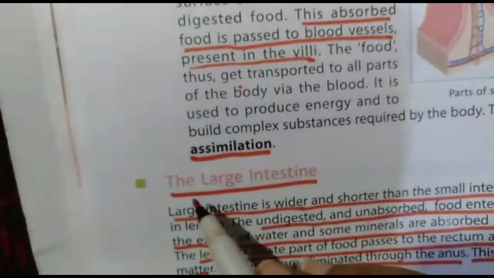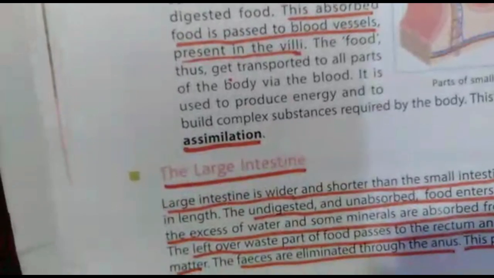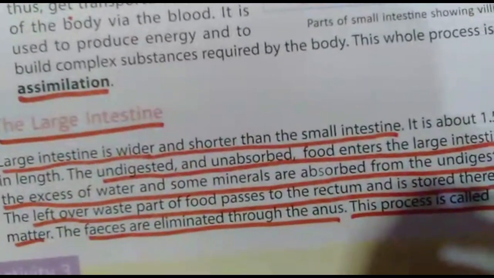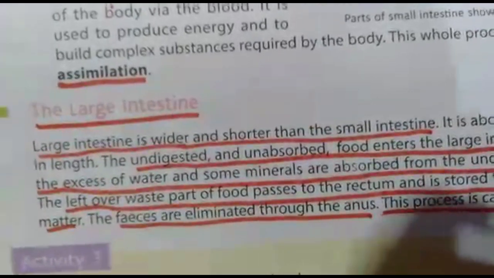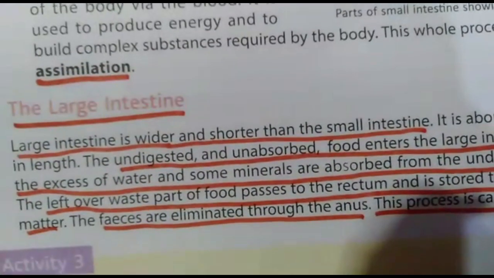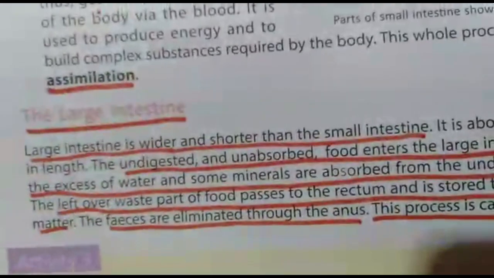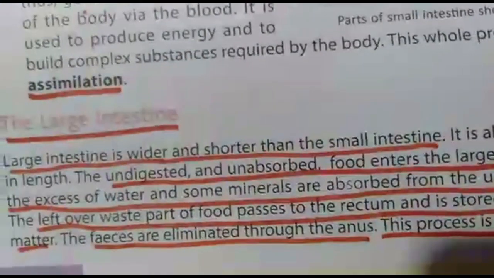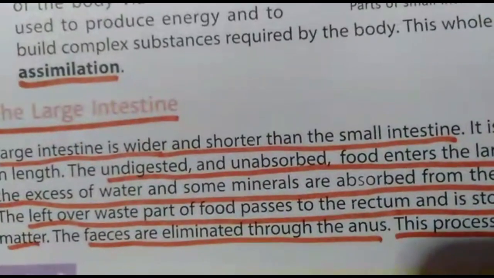Now the next is the large intestine. In the small intestine the maximum absorption has taken place. After that, whatever material is left, the unabsorbed, undigested material, is passed from the small intestine into the large intestine.